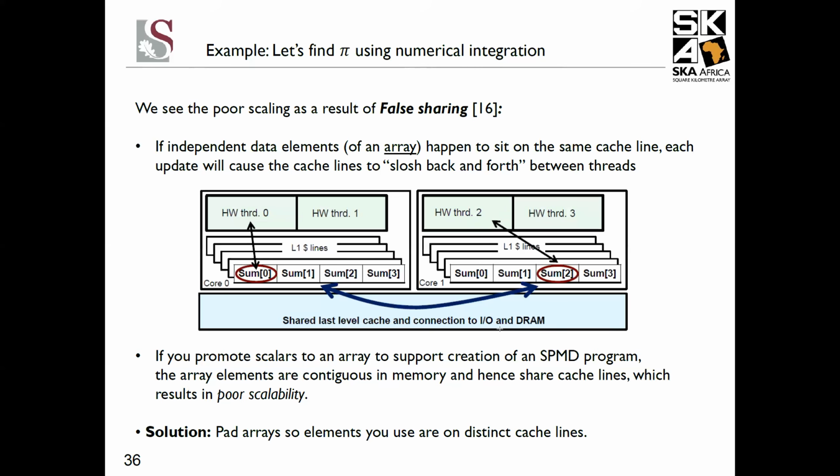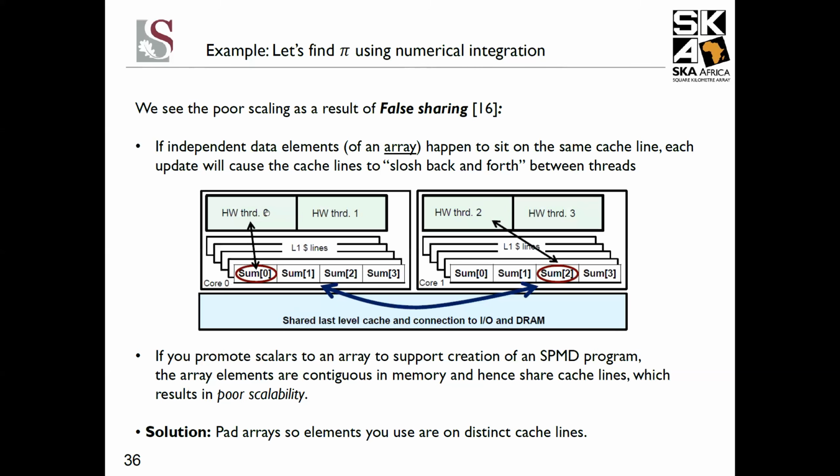So an array sits on one of these cache lines. If we promote a scalar to an array like we did with this sum, then the array elements are contiguous in memory, so they might share a cache line. On one cache line, I have the bits of memory required by different threads.